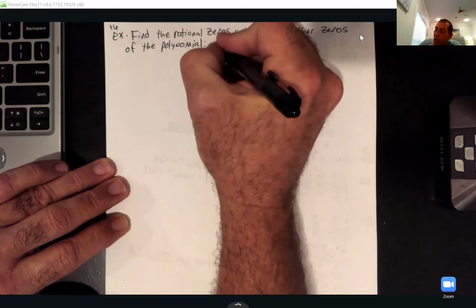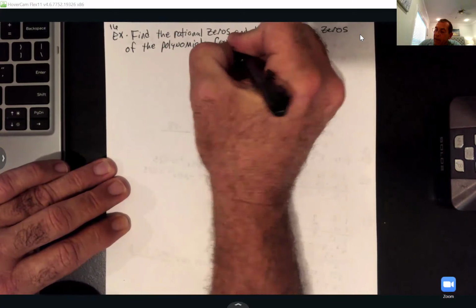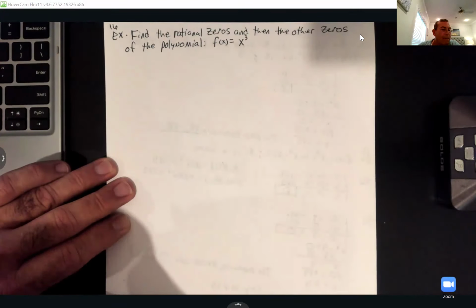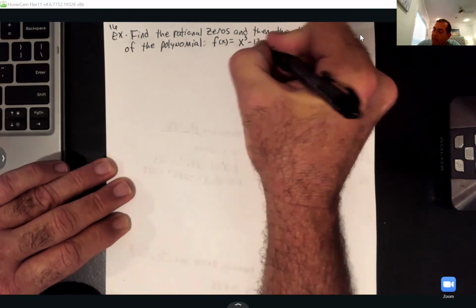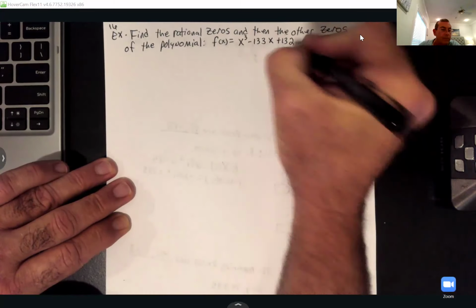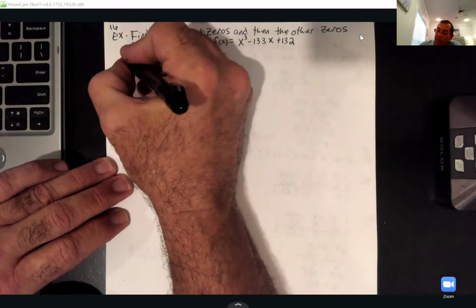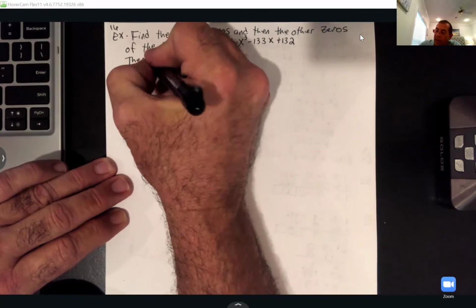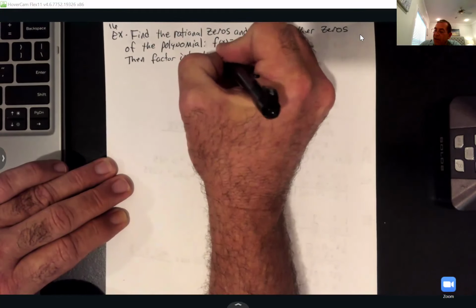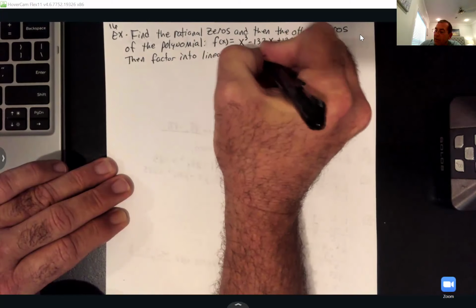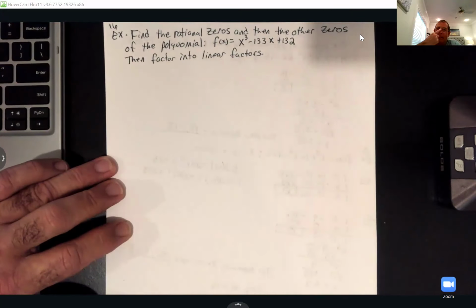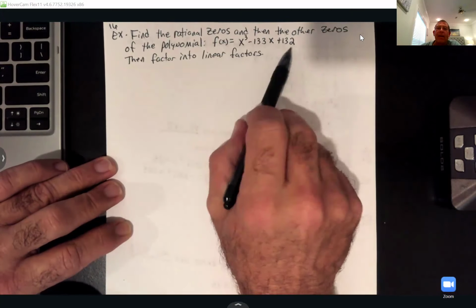All right, so my polynomial is f of x equals x to the third minus 133x plus 132. And then for part B, they want us to factor into linear factors. And that's just putting them back into parentheses. So that part's not bad. What we got to figure out is how to find our zeros.